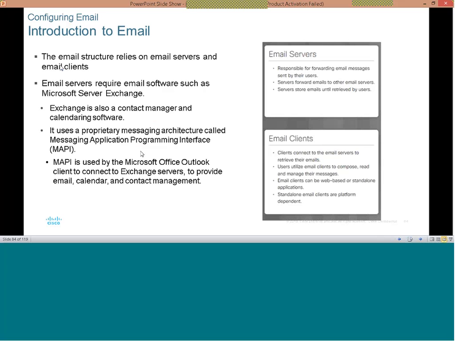In this case, we're looking at Exchange, also contact manager and calendaring software. All these are modes of creating email between the client and the server. You can have it in Microsoft Outlook, and in Microsoft Server Exchange, and the rest of it.